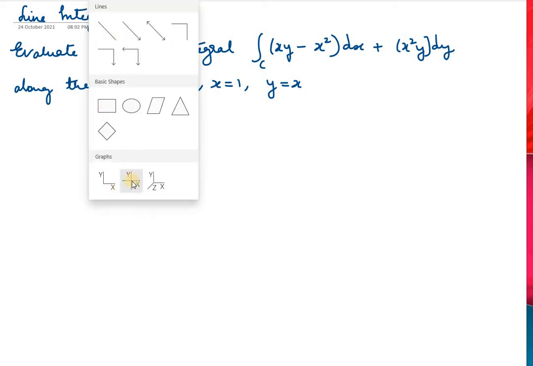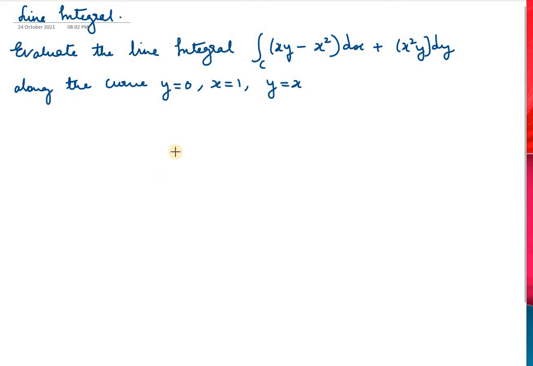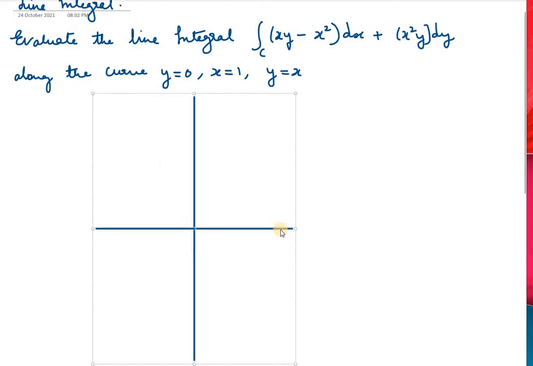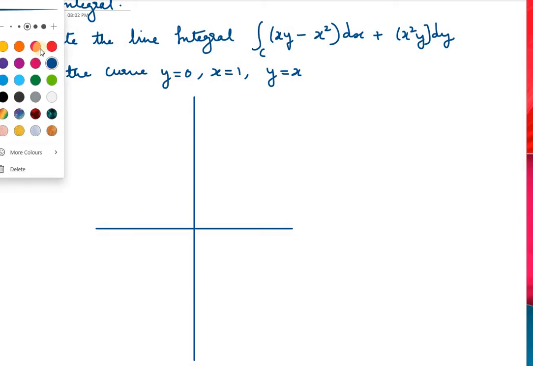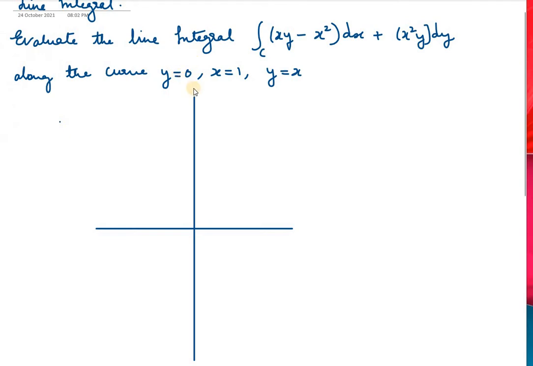Let us first draw the xy axis. y is equal to 0 means that it lies along the x-axis only.